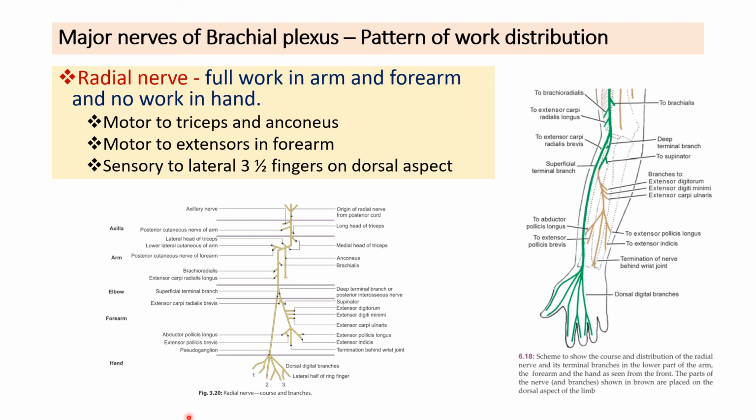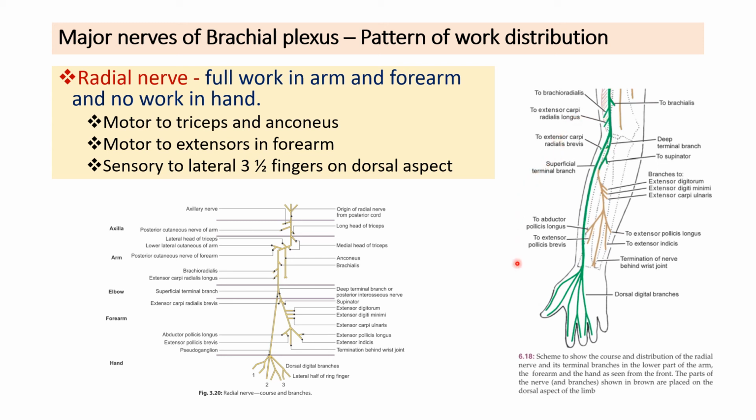What are the branches it will give? If you go through the course of the nerve, you will understand its distribution. So in the arm, it is giving branches to the triceps and anconeus muscles.